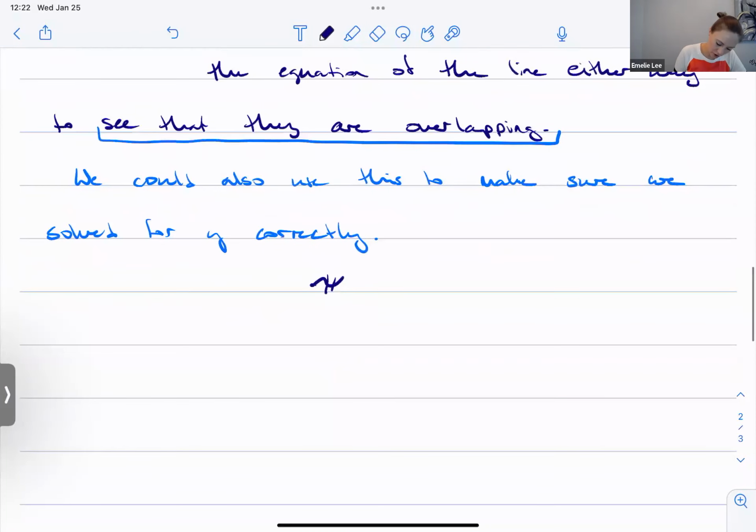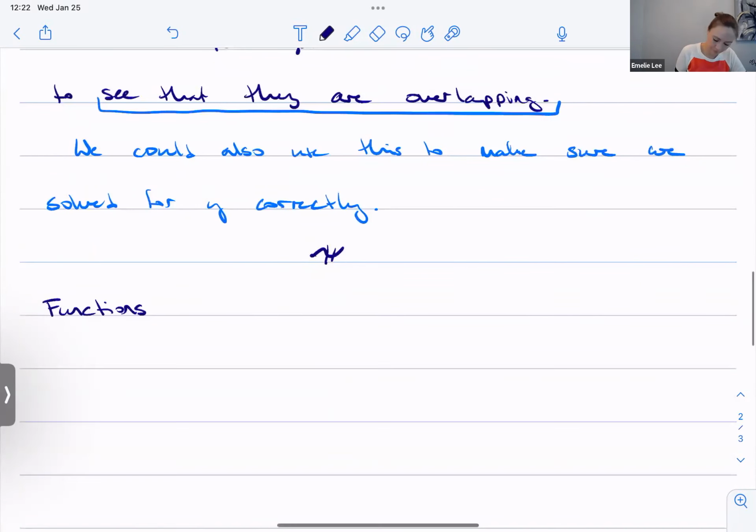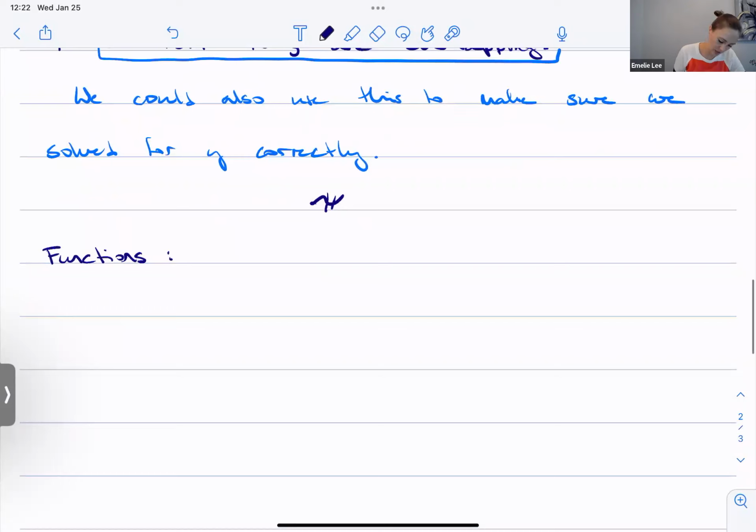So functions in general take some input, so some value of x, and produce some output, so some value of y or f of x.